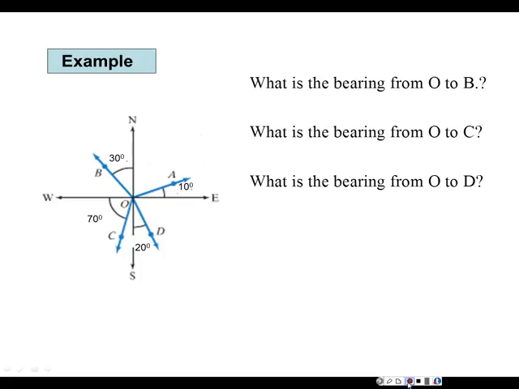Try. All right. So what is the first bearing from O to B? North 30 degree west. Yes, north 30 degree west. Right. How about O to C? Yeah, so you started from west. So let's see whether we can write it here.